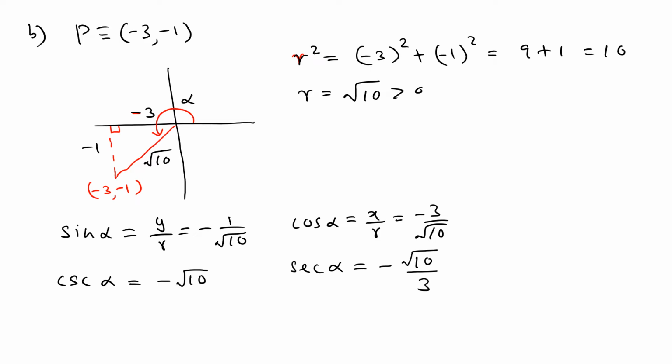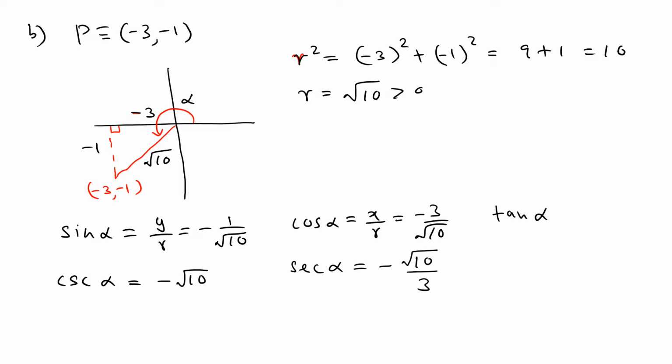And then tan alpha, which is y coordinate over x coordinate, which is -1 over -3. The negative signs cancel out, so it becomes 1/3. That's not enough space, so let me write again.